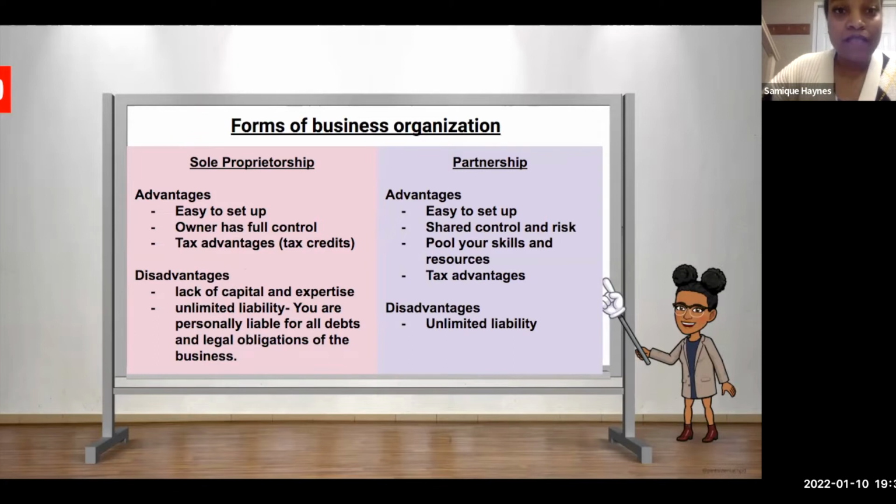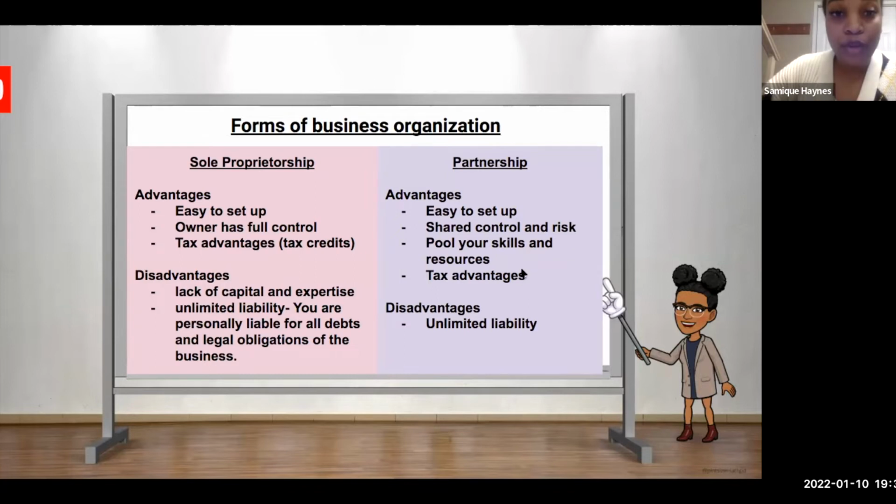Another benefit is the tax advantages. There are lots of tax credits and tax incentives that apply to people who start these types of organizations. But a disadvantage is that it's very difficult to raise funds as a sole proprietorship or partnership.